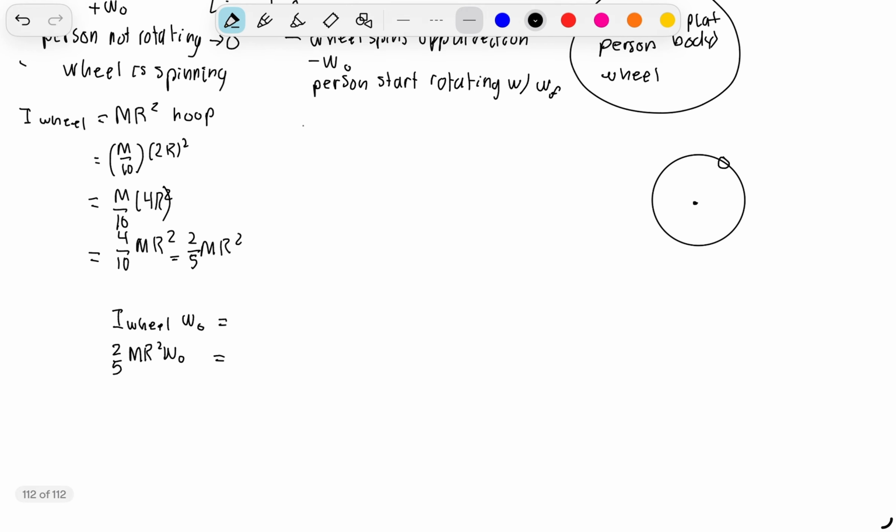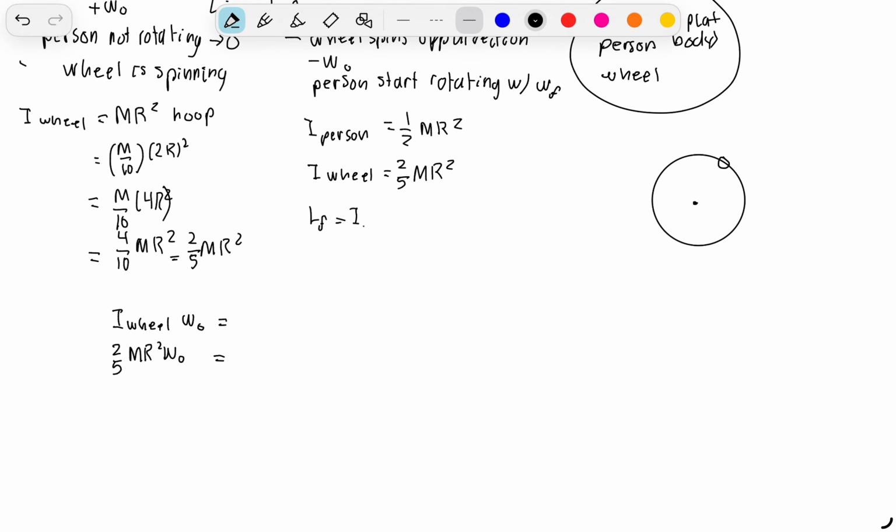So for the person, we have that they were approximated using 1/2 mass radius squared of a cylinder. And then for the wheel, we had 2 over 5 mr squared. So then L final is going to be the sum of those two times their respective speeds.